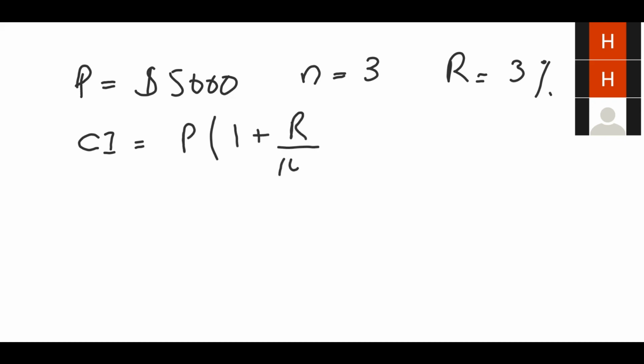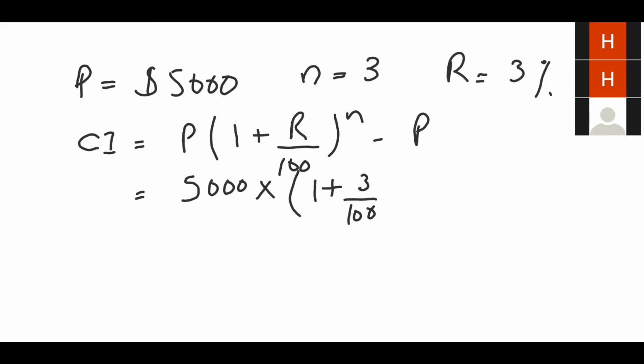So substituting the values of everything, P becomes 5,000 multiplied by 1 plus R, which is 8 over 100, raised to the power N, which is 3, minus the principal amount, which is 5,000 again.